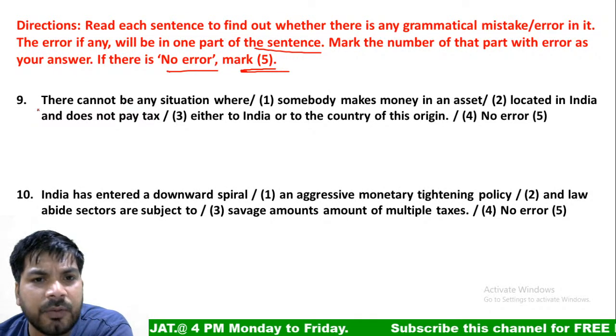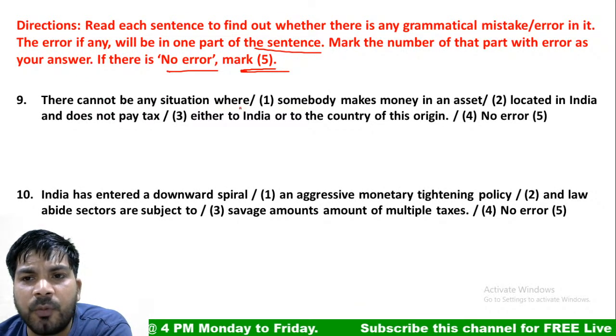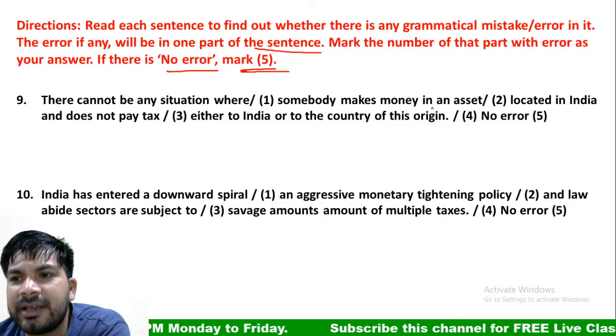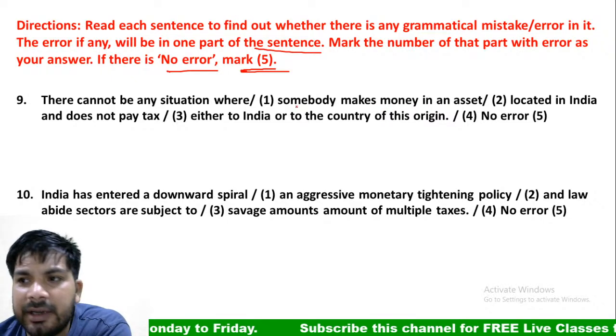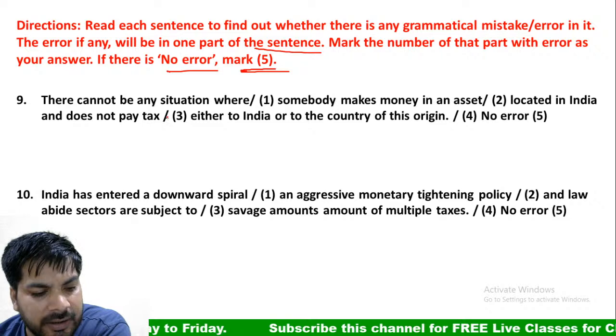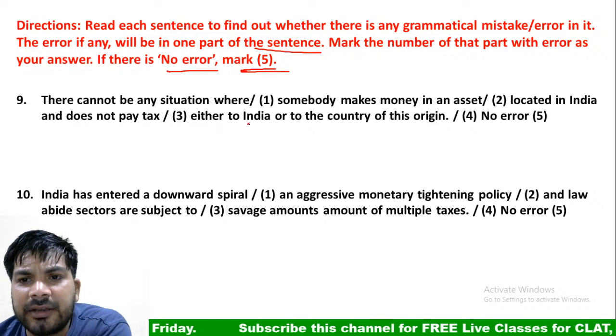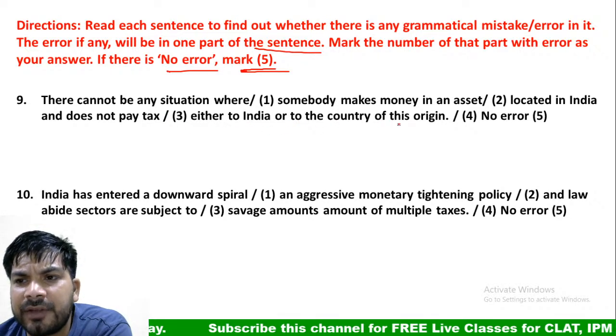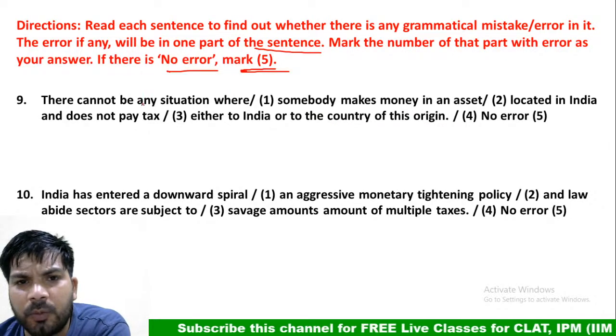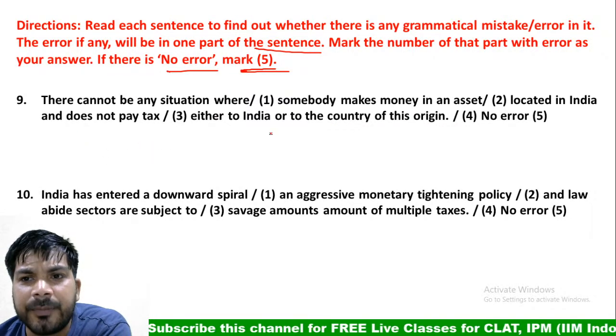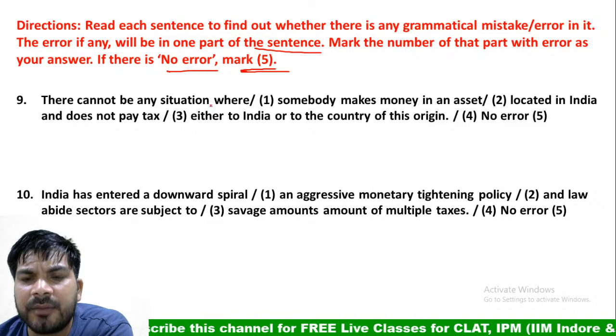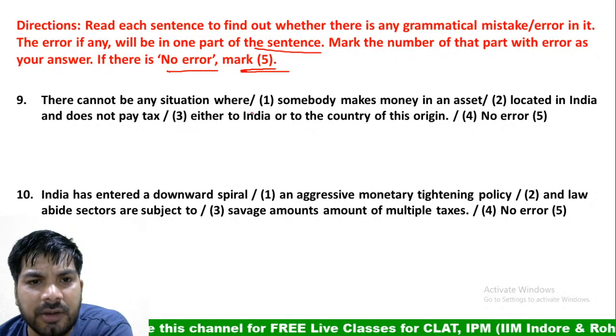There cannot be any situation where somebody makes money in an asset located in India and does not pay tax either to India or to the country of this origin. Where is the mistake out here? Where is a mistake in this particular question?